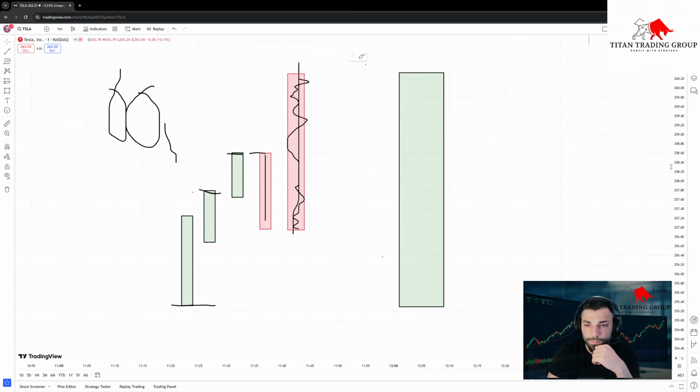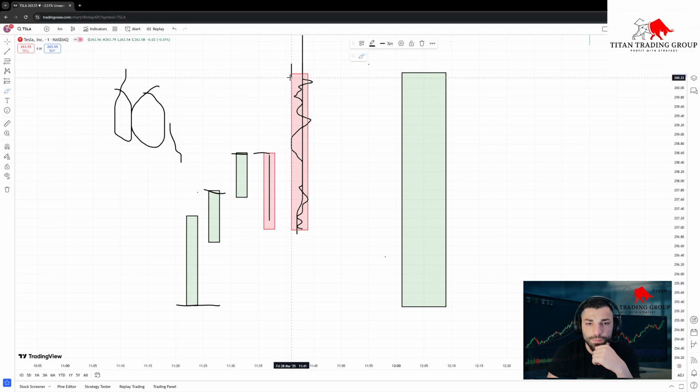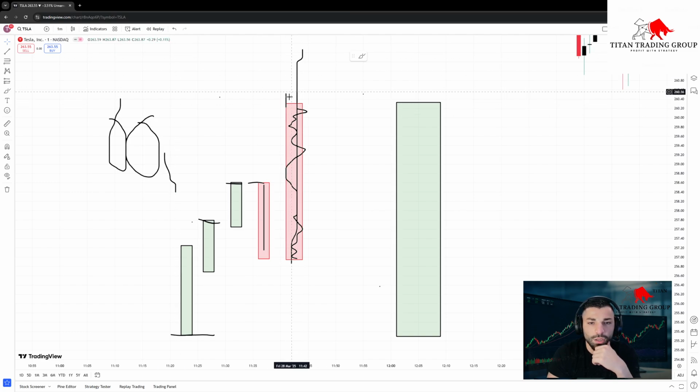Okay? So within the 5 minutes, we have the open and moved all the way to the high. And let's say we ended up having a long wick because we tested the highs. Let's say we had a long wick here.